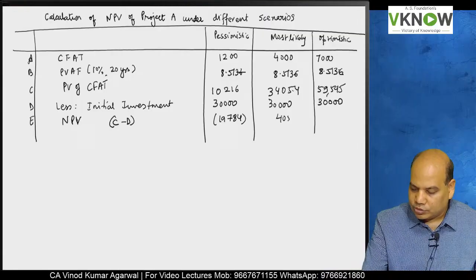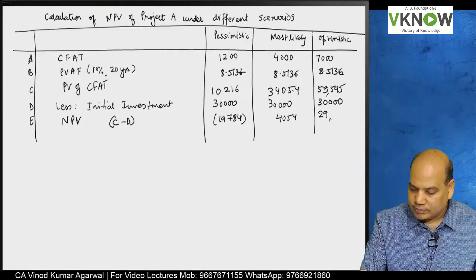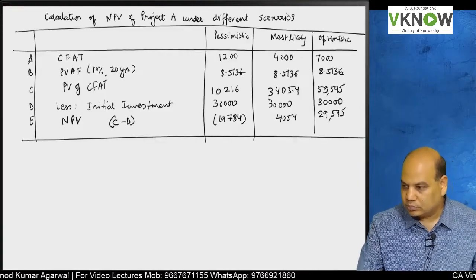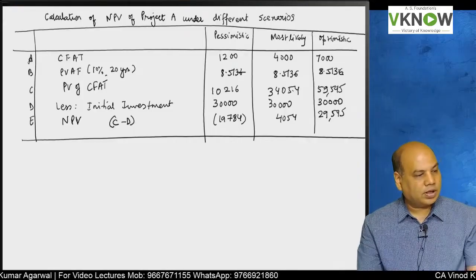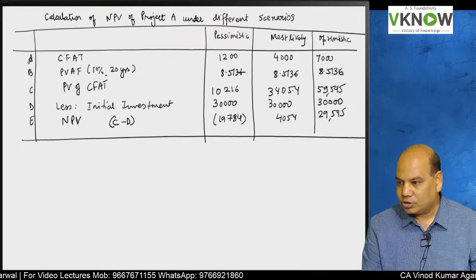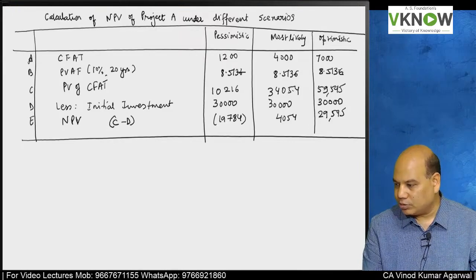Second answer is 4054 and third answer is 29595. These are the NPVs under the three scenarios in case of project A. Question is from reference book, important question.